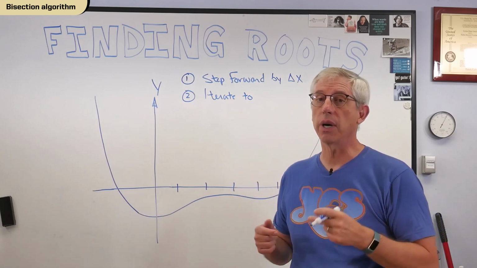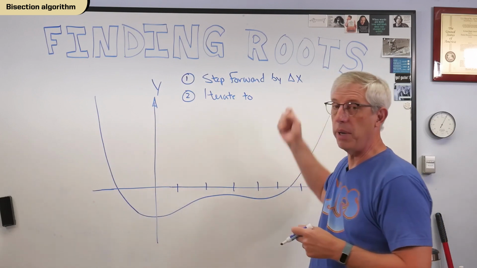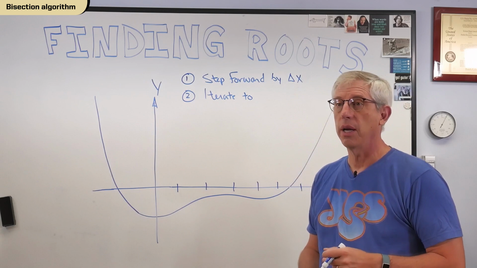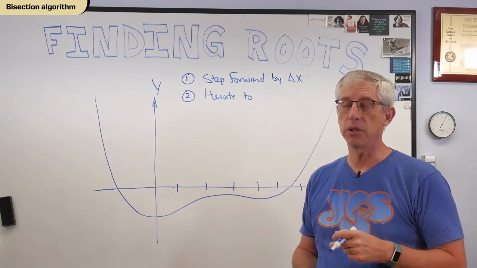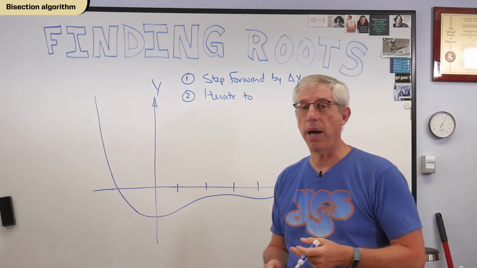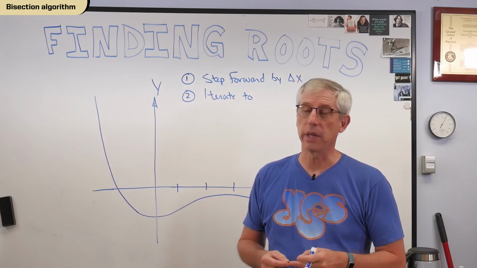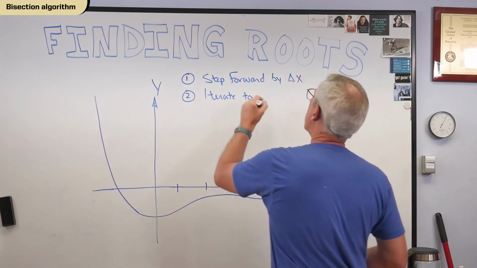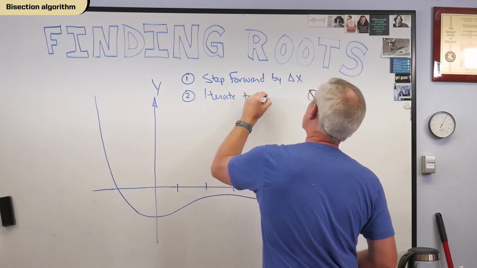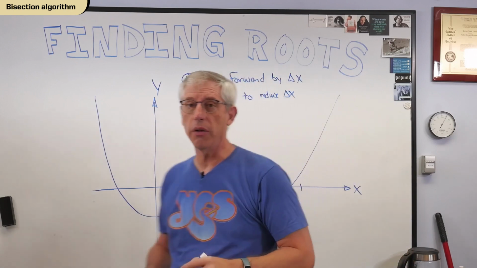Every iteration will cut delta x in half. And so you can see that no matter how big delta x is when you start, if you cut it in half a couple of times, this starts to get small really quickly. You know, take 1/2 to the nth power. N doesn't have to be very big before the resulting number is really small. So iterate to reduce delta x.